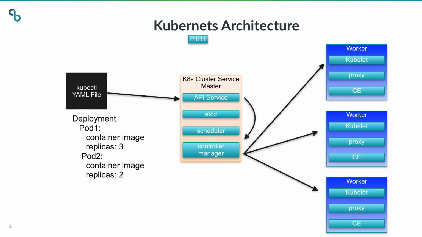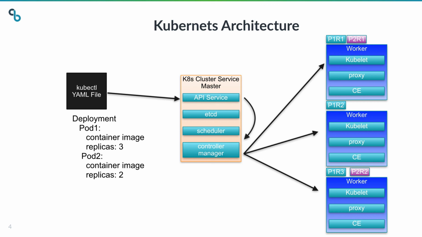So it will send out pod 1, replica 1, pod 1, replica 2, pod 1, replica 3, pod 2, replica 1, and then finally on the third worker we'll put pod 2, replica 2.